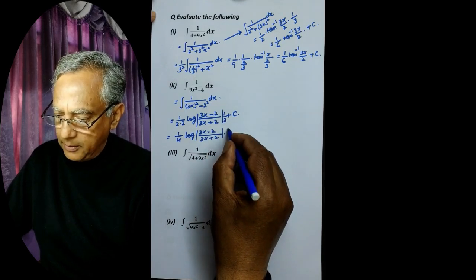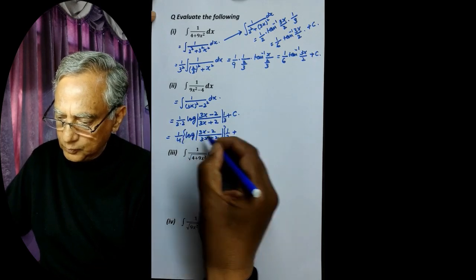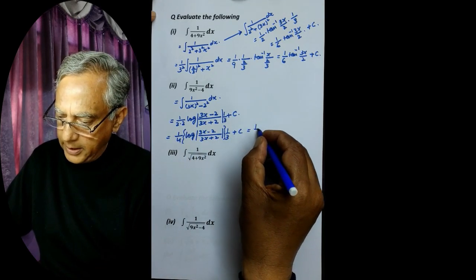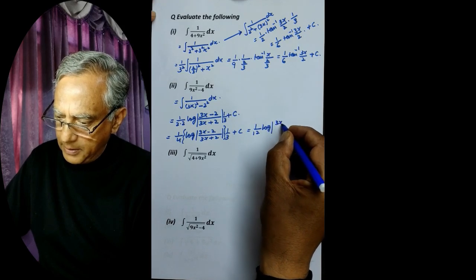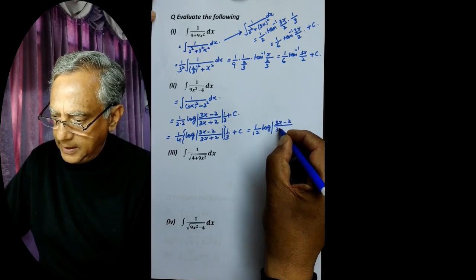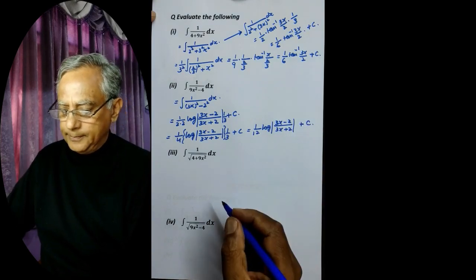So this will be 1 by 3 plus c. So this is 1 by 12 log of 3x minus 2 over 3x plus 2 plus c.